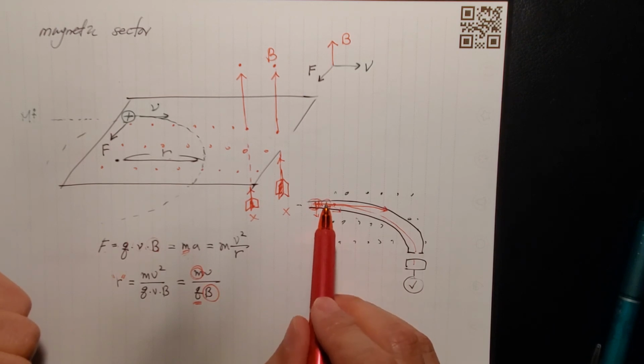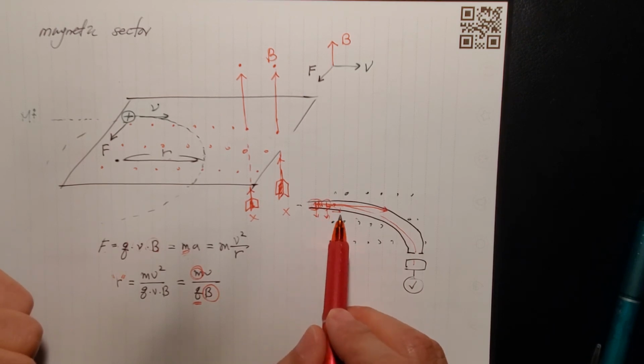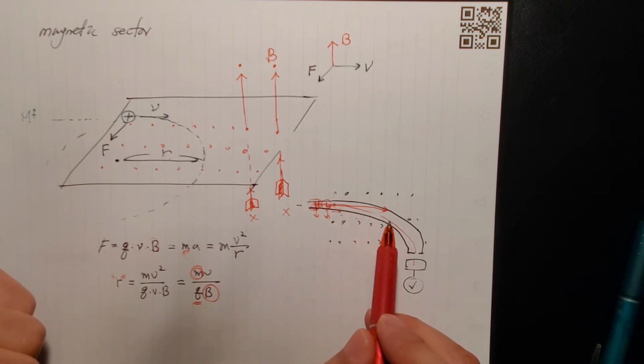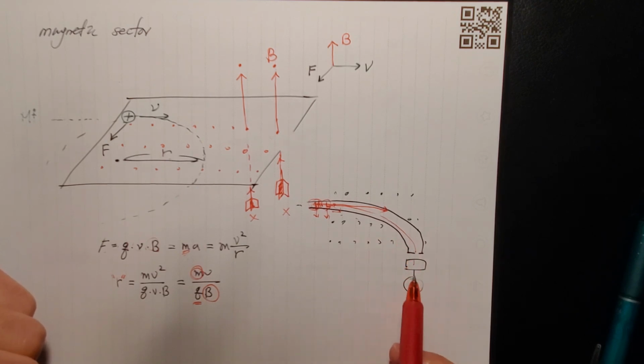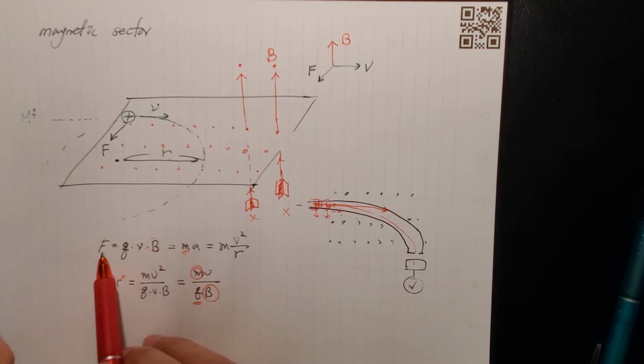However, the lighter one that used to turn a lot due to the strong magnetic field is now able to manage through the curve and get detected. Then that weak magnetic field made by the machine is able to calculate how much mass you just detected. Okay, that's how it works for the mass machine that has a magnetic sector.